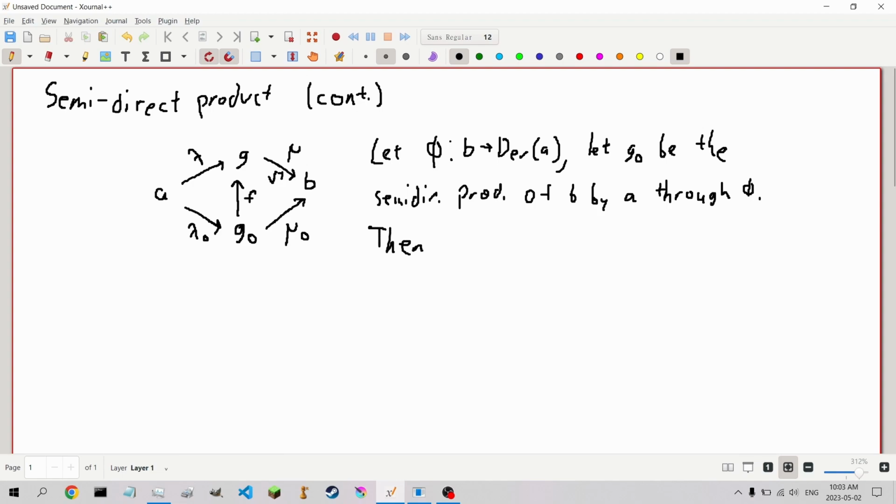And then we have that the map from A comma B, which is G, now this is from G0 to lambda of A plus nu of B, and so this is actually what F is going to be in this map, and this is an isomorphism.